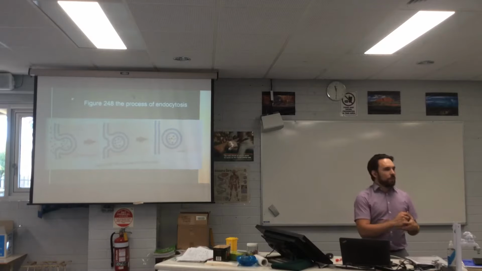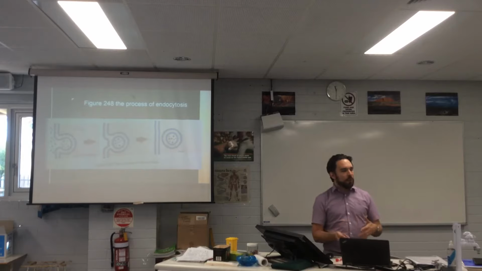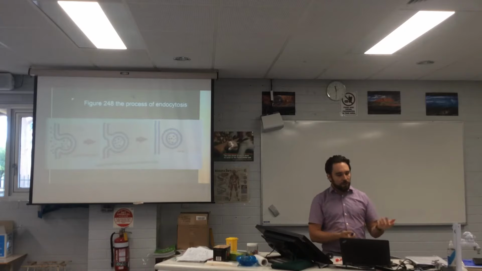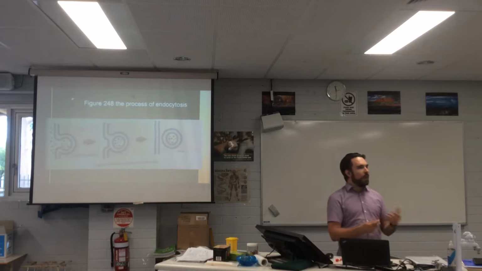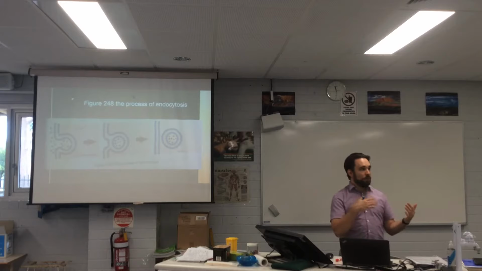The energy isn't like with protein pumps where the ATP is utilized directly by the protein pump itself. With endocytosis or exocytosis, the energy is used by contractions of cytoskeleton.